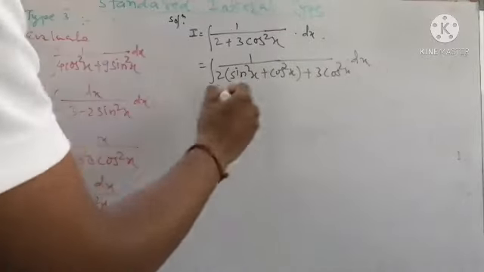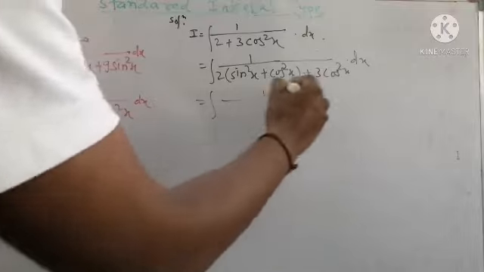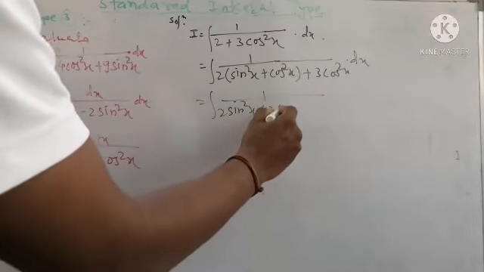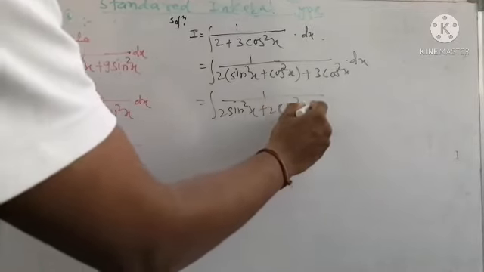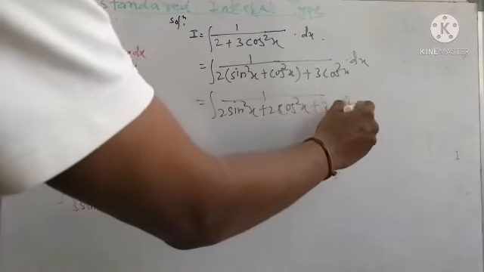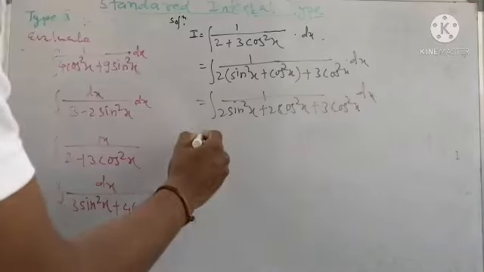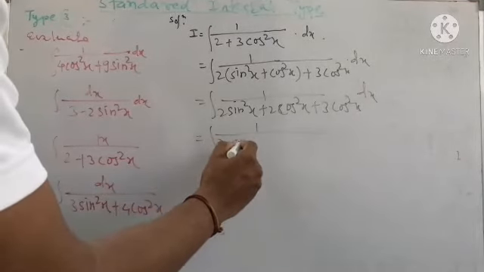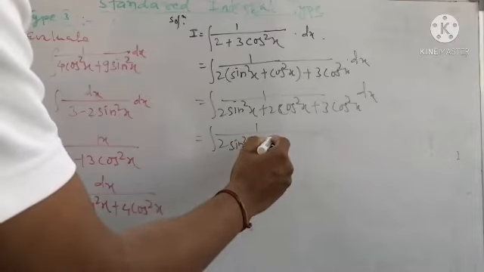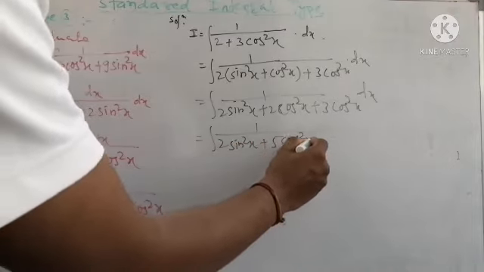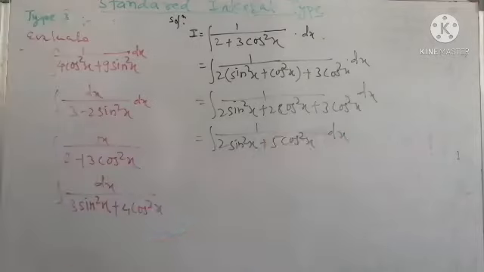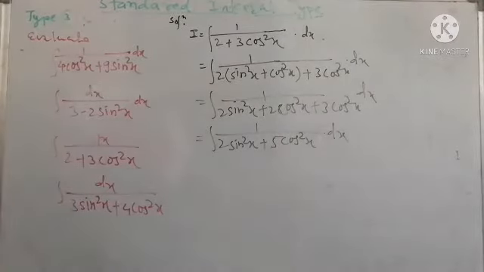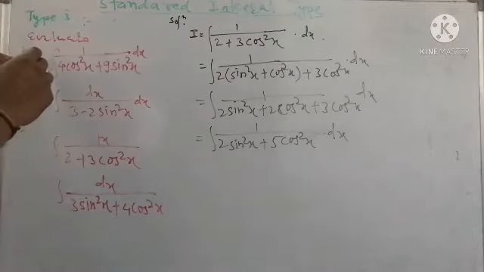Now we can simplify the bracket multiplication too, so we get in the denominator 2 sin square x plus 2 cos square x plus 3 cos square x as it is. Now the terms of cos square are added, so in the denominator we get 2 sin square x plus 5 cos square x into dx. Now see, again the form which we already evaluated in example number 1.